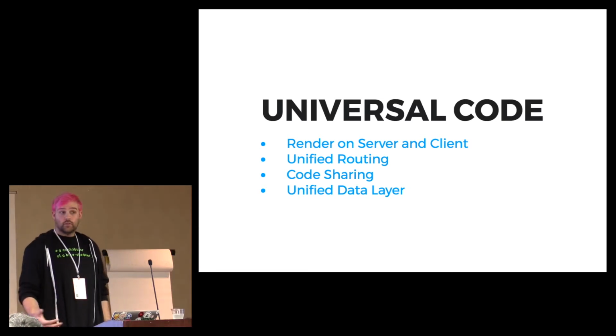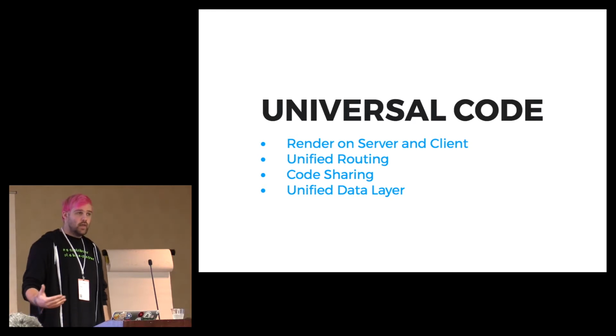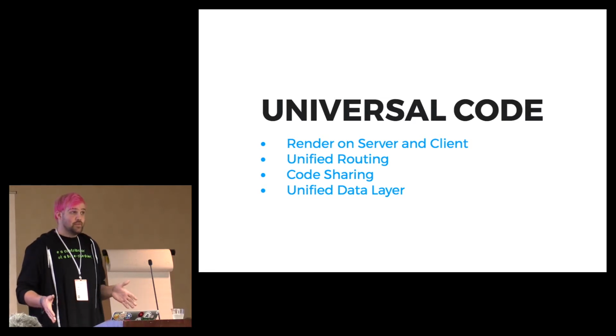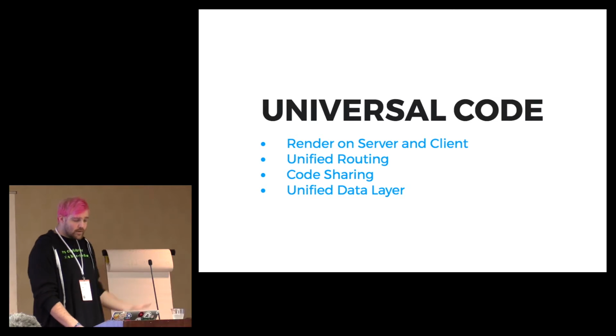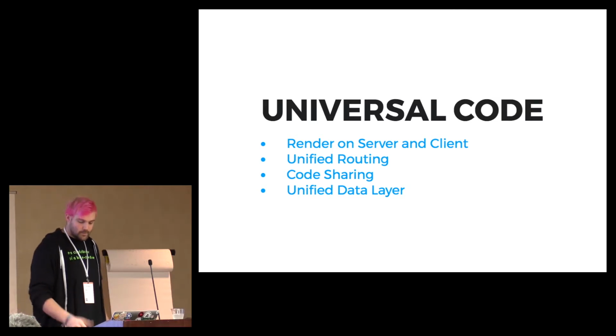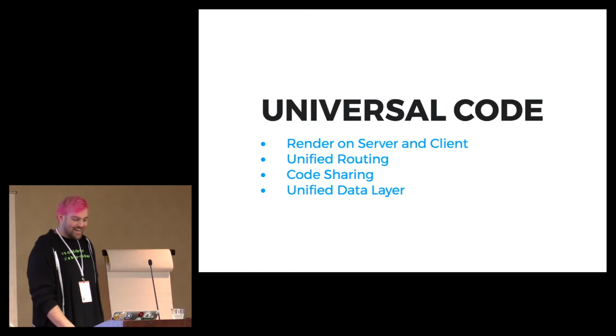This leads to a lot of code sharing, so upwards of maybe 90% of your code, other than the section that sets up the environment for the server-side rendering and the section that sets up the environment for the client-side rendering, can be shared. And finally, the unified data layer, which I've already mentioned should be GraphQL, or at least I'm arguing that it should be GraphQL.